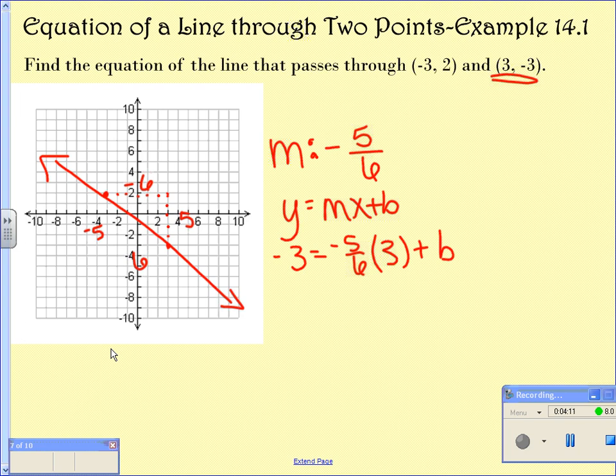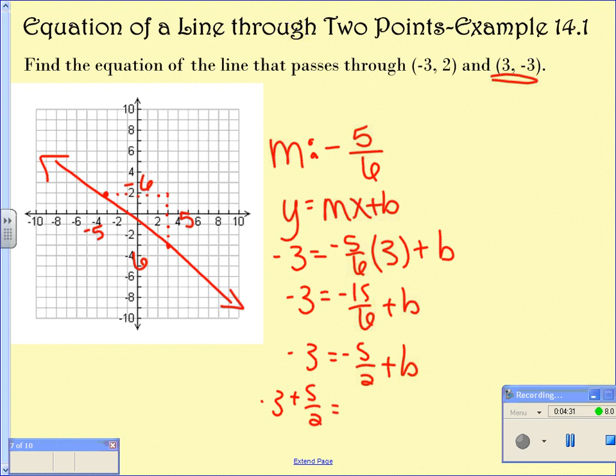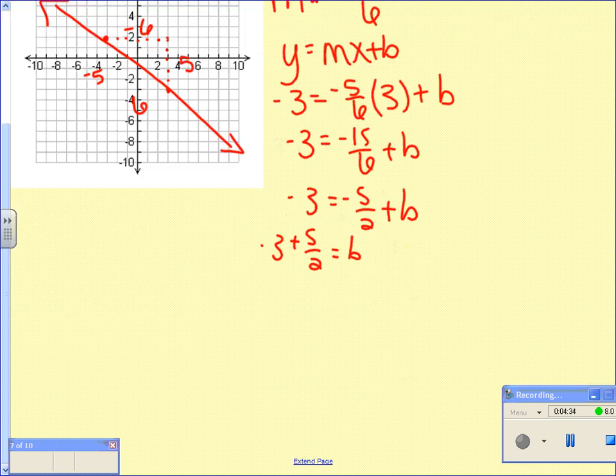Make sense so far? Any questions? Okay. So negative 3 would equal what? Negative 15 over 6. Will that reduce? To what? Like that? Okay. Negative 3 is negative 6 over 2, right? What's negative 6 plus 5?